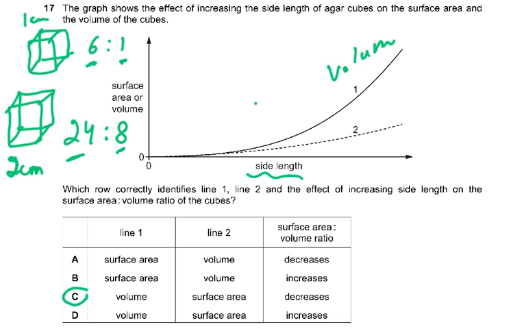So that is why the answer is C. The volume increases, the surface area is line 2, and the surface area to volume ratio decreases because this is 3:1. 1 centimeter was 6:1. 2 centimeter is 3:1. So the surface area to volume ratio has decreased. I've given an example to explain this to you. I hope you've understood this.